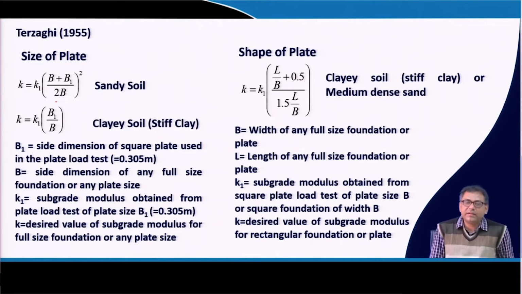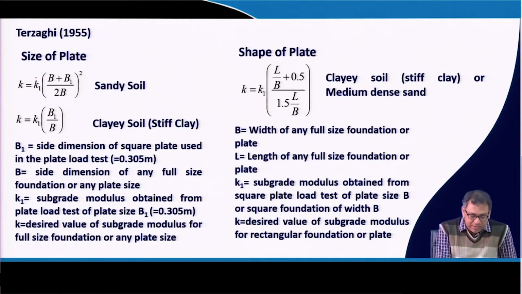Okay. Suppose Terzaghi has taken a 30 centimeter plate size, that is 0.305 meter plate size. So, this K1 value is calculated or determined by using a plate load test where the dimension of the plate is 30 centimeter.